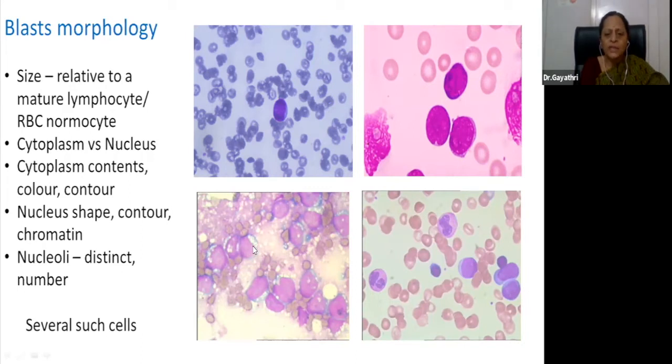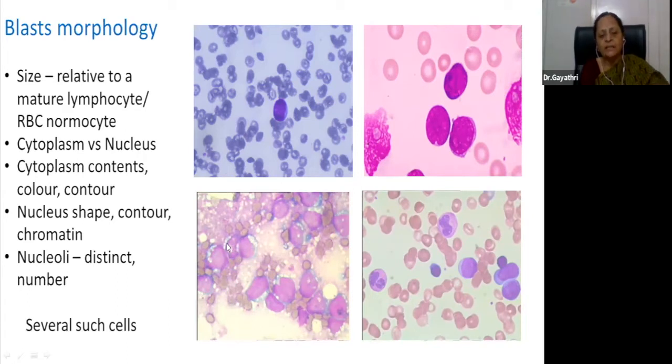You look at these. This one is in the peripheral smear. This one is also in the peripheral smear. And this one is a marrow imprint showing you a very classical L3 type of blast, the FAB L3 type or the Burkitt type of blast, with multiple punched out vacuoles in a blue cytoplasm. These vacuoles are so many that sometimes they mask the nucleus.